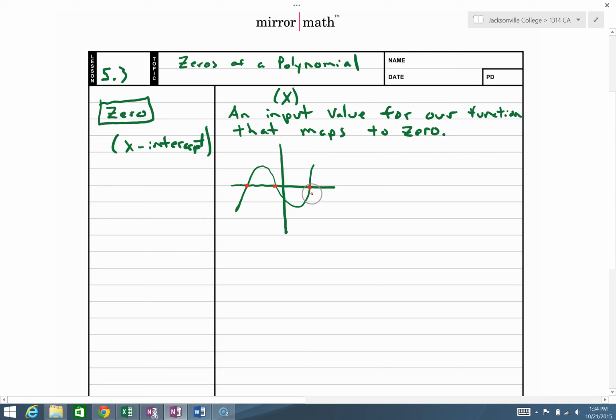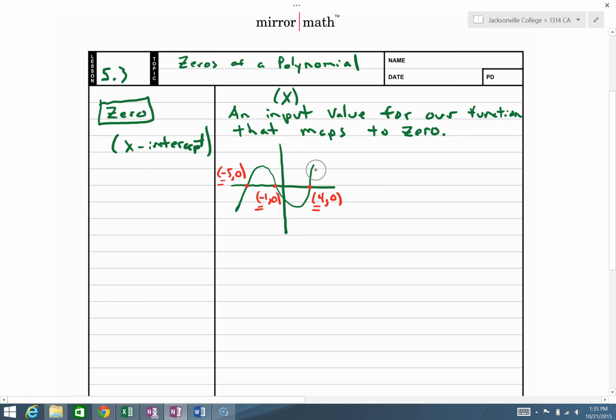Perhaps this value over here is (4, 0), this value here is (-1, 0), and this value over here maybe is (-5, 0). Well, all these x values, -5, -1, and 4, we consider those zeros because they're all x values that pair with a 0 for y.